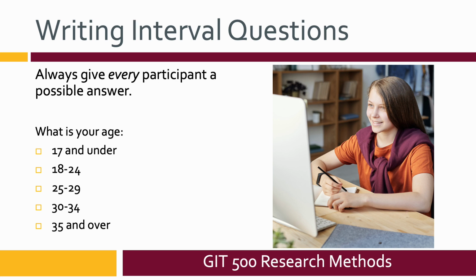And same with the high end. Make sure you give every participant a possible answer. And this is really true with the age question, but also if you're giving categories like profession, you can't possibly name every profession. So end it with an other option where they can fill it in.